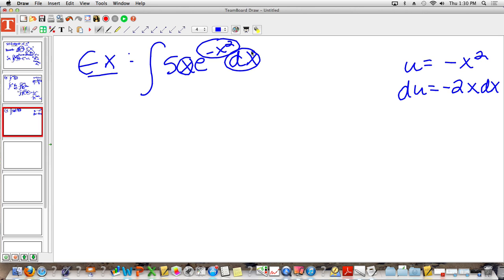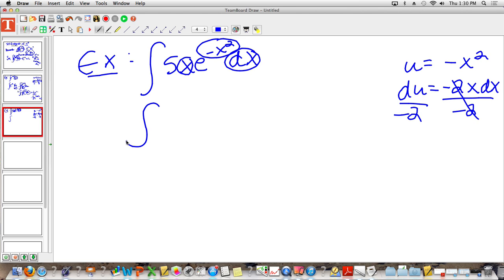So what do I need to do? Divide by negative 2. So I can replace the x and the dx with a du over negative 2.